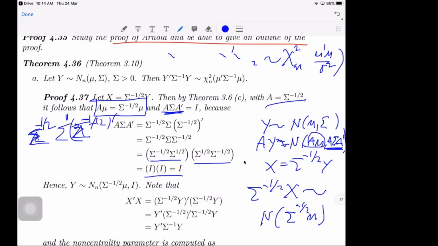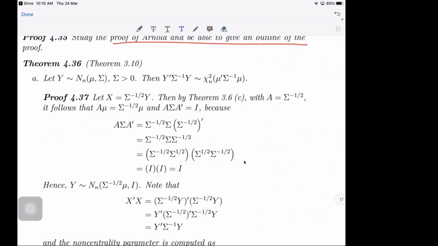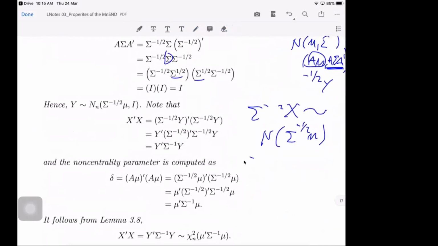So this is just equal to I. In here we rewrite sigma as sigma raised to the 1/2 times sigma raised to the 1/2, but that is just equal to I. So hence this is how your y is distributed.